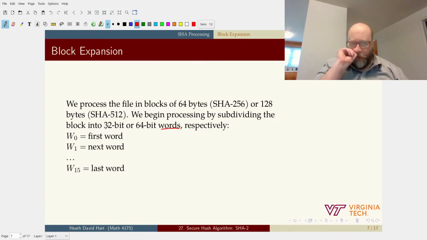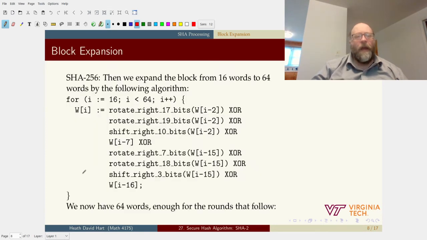So the first 32 bits or 64 bits, depending on which mode you're working in, is the first word, and then the next word, up through the last word, W15. And then we expand that to enough words for each round. So for 256-bit mode, we need 64 rounds.